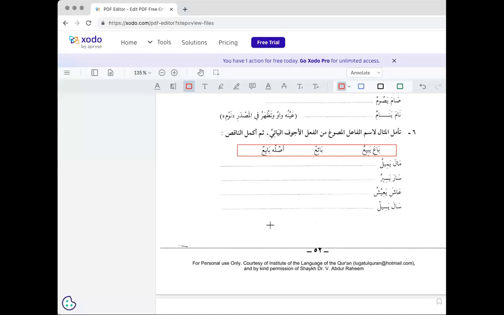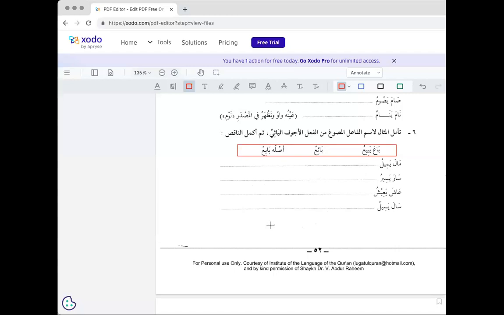Barakallahu feek. And the last one, or the last two, asha ya'ishu. اسم الفاعل عائش. What does it mean? عاش يعيش means to live.